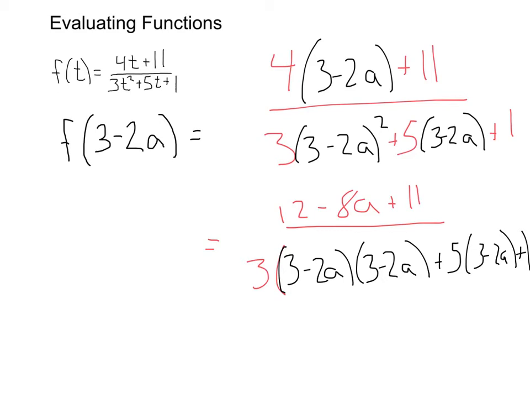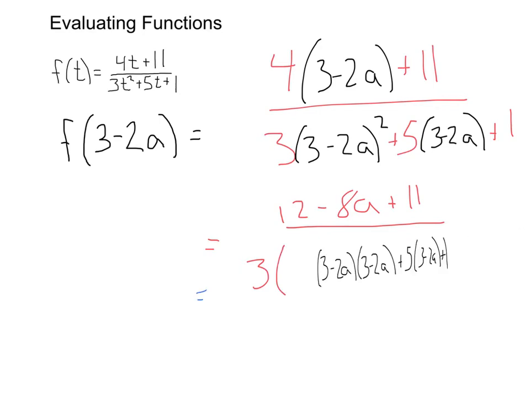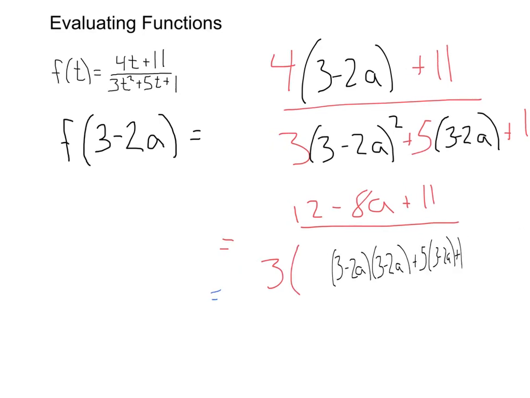I'll let you go ahead and do that out, but after we finish evaluating that, our final answer is going to be negative 8a plus 23 all over 12a squared minus 46a plus 43.